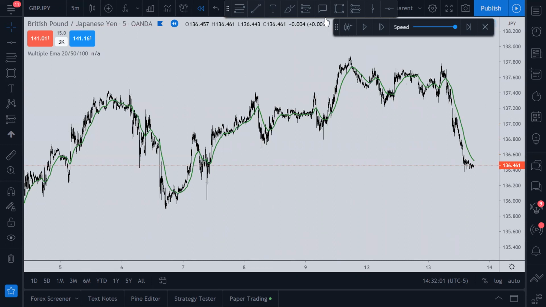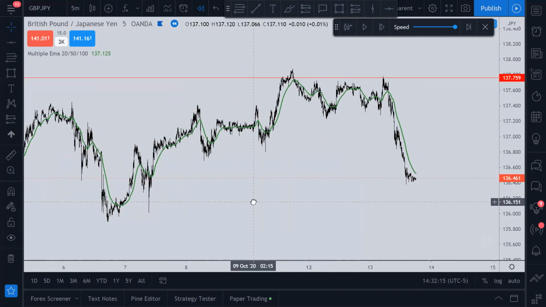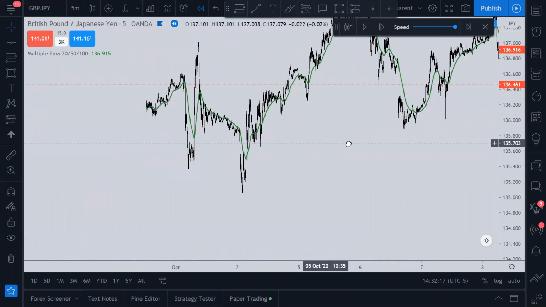All right. Now, what I'd like to do is get those main turning points of price, where I think are key levels.